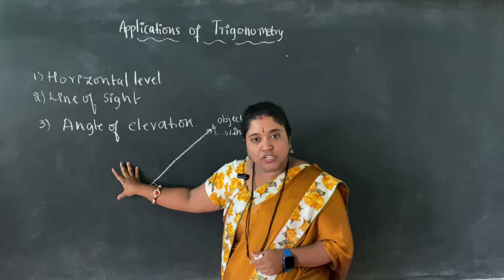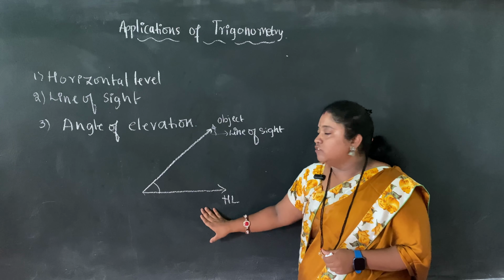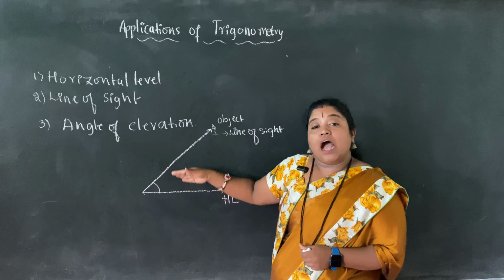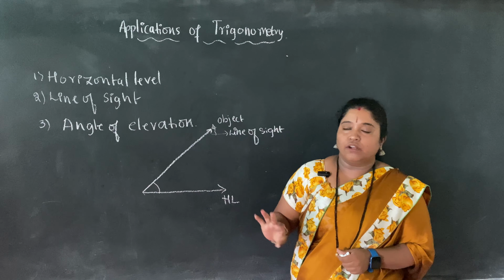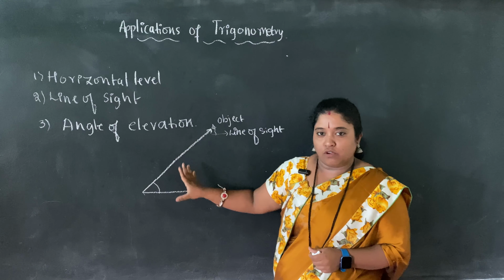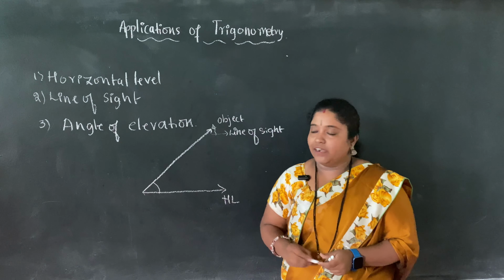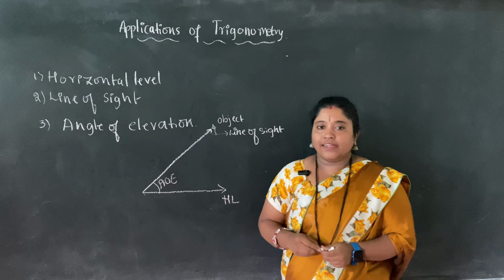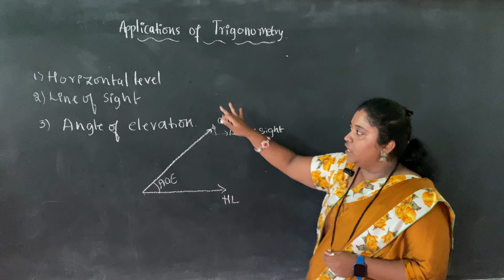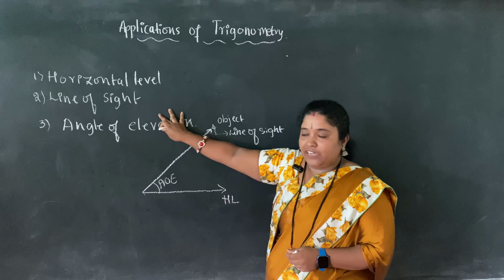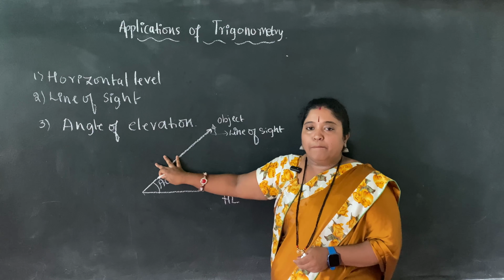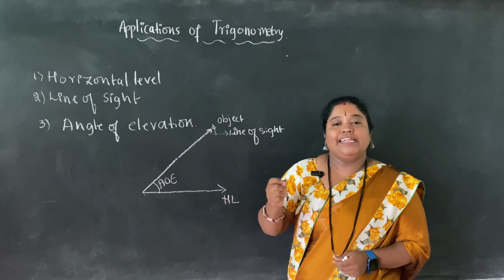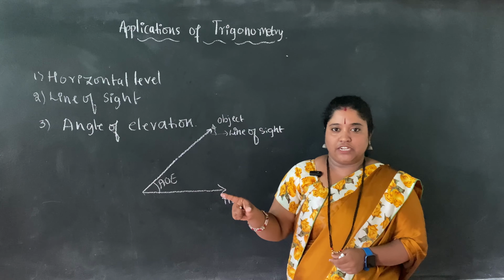Angle of elevation is the angle between the horizontal level and the line of sight when the object is above the horizontal level. Okay, when the object is above the horizontal level, then it is referred to as angle of elevation. Understood? Horizontal level, line of sight, angle of elevation. Whenever I am seeing any object above the horizontal level, I make an angle of elevation.